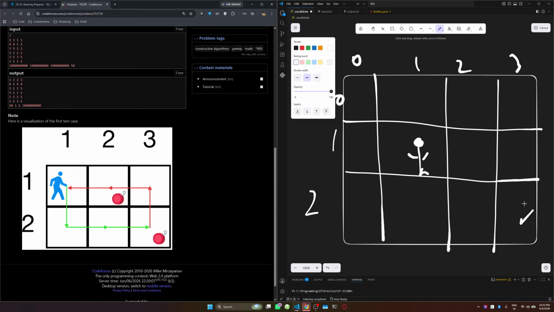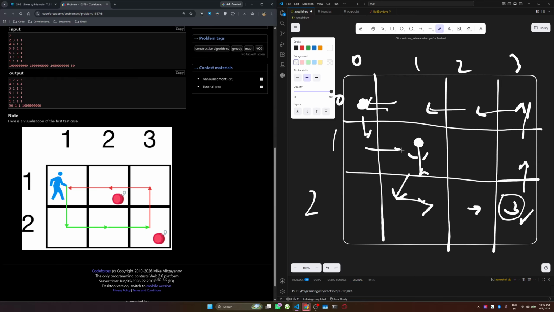And if we place it there, then he has to go here, 1, 2, 3, so it takes 3 steps to come here. And if we place the other one here, then it goes 1, 2, 3, 4, 5. And then he has to come back 6 and 7.